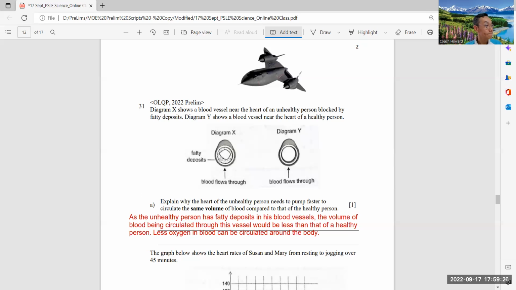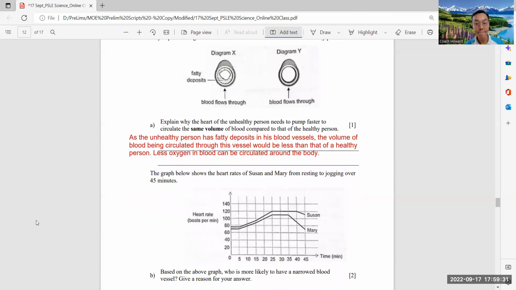Part A. Because of this, let me see part B. Therefore the heart has to pump faster. Less oxygen. Can you change the last sentence?